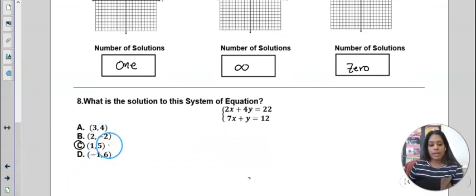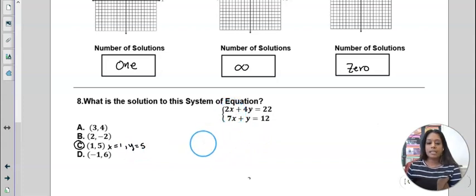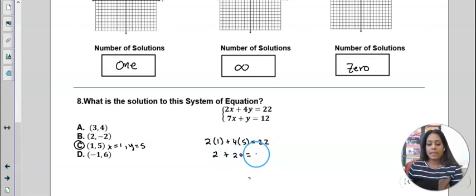Well, we know that my x solution is 1, and my y solution is 5. So if we plug it in, I'm going to plug it into the first equation, 2 times x, so 2 times 1, plus 4 times y, so 4 times 5, equals, does it equal 22? 2 times 1 is 2, 4 times 5 is 20, and 2 plus 20 is in fact 22.